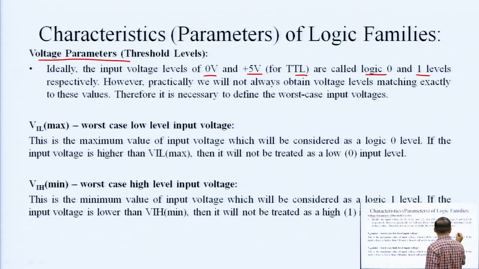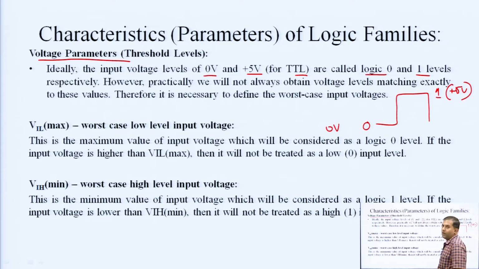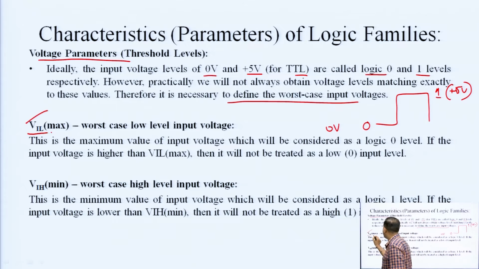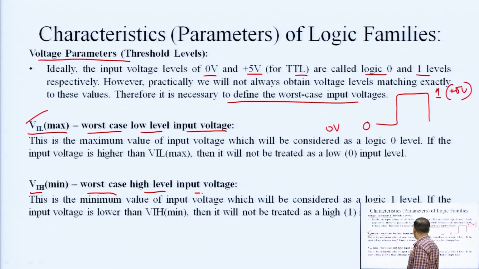However, practically we will not always obtain voltage levels matching exactly these values, therefore it is necessary to define the worst case input voltages. The first is VIL max, the worst case low level input voltage, and VIH min, the worst case high level input voltage.